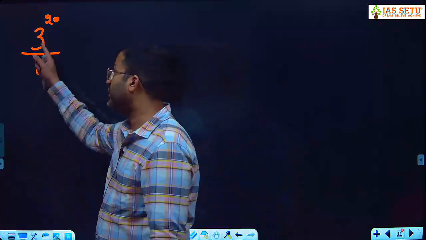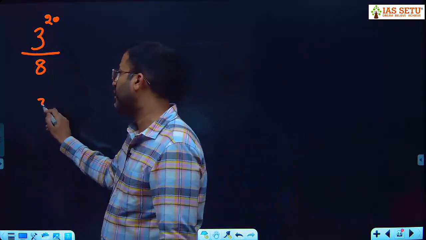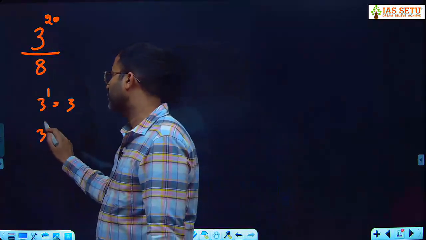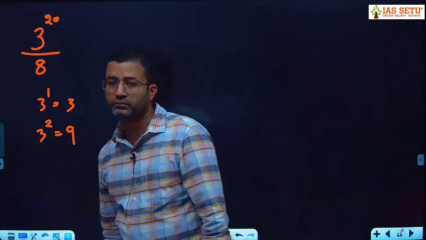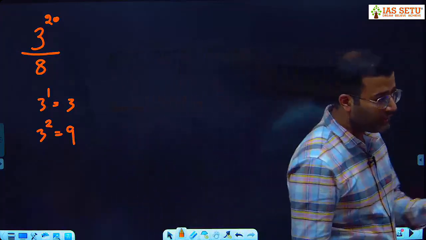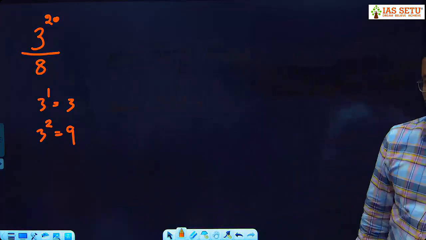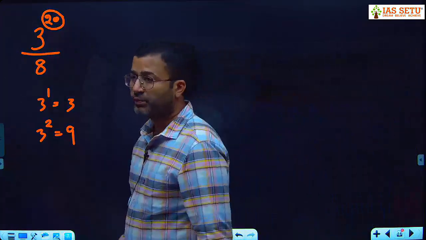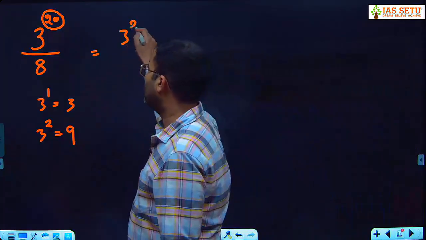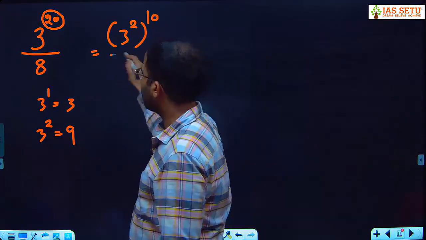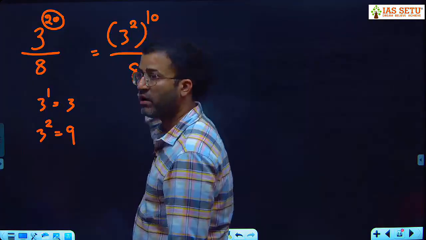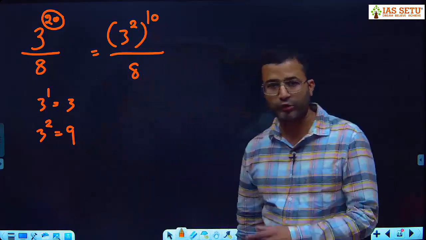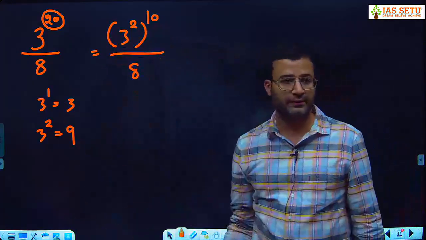Step number 1, we are looking for a power of 3 near to 8. 3 to the power 1 is 3, 3 square is 9. So it is 3 square which is going to help you out. So can I rewrite 3 to the power 20 as 3 to the power 2, bracket 10? कैसे मर्जी लिख सकते हो, but total power has to be 20. Can you check, total power is 2 into 10, 20?